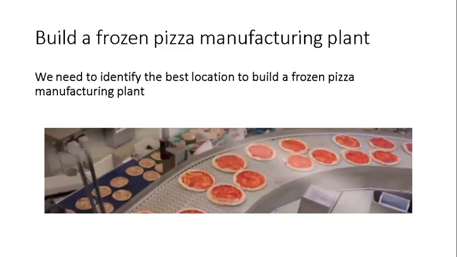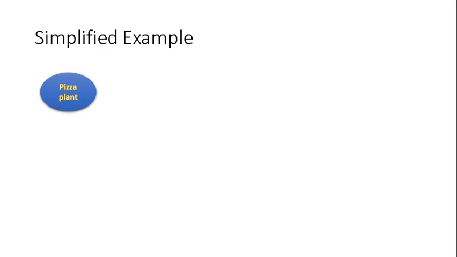We imagine that we would like to identify the best location in order to build a plant where we will produce frozen pizzas to deliver to retailers. Our example is more or less the same. We have a pizza plant that we need to decide where to build, and we examine different combinations of locations.